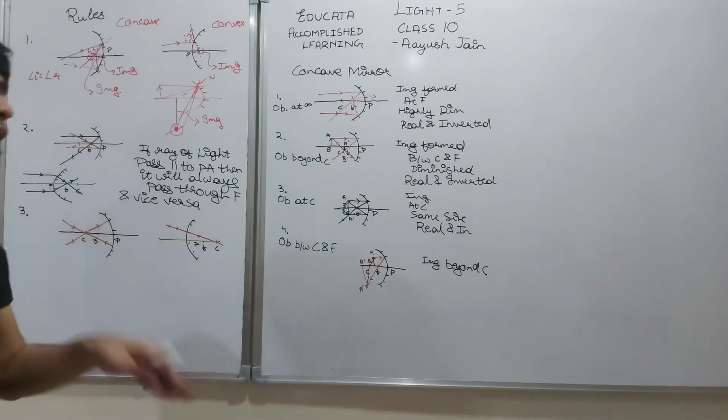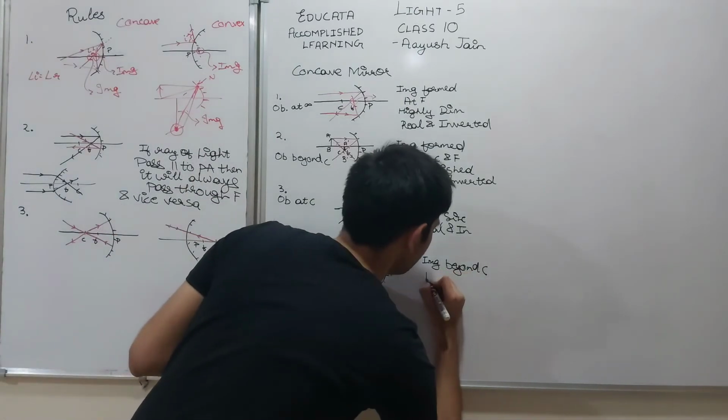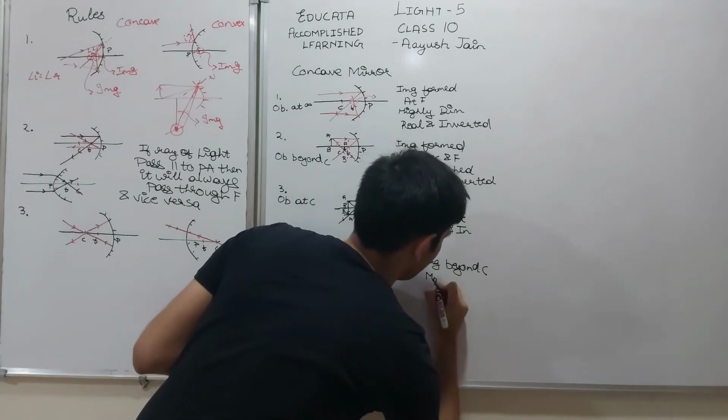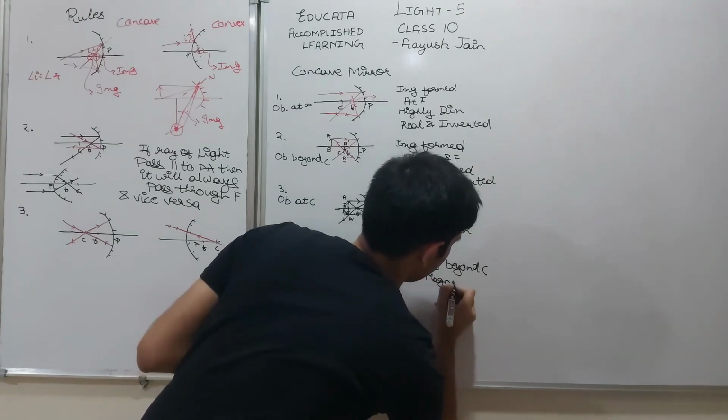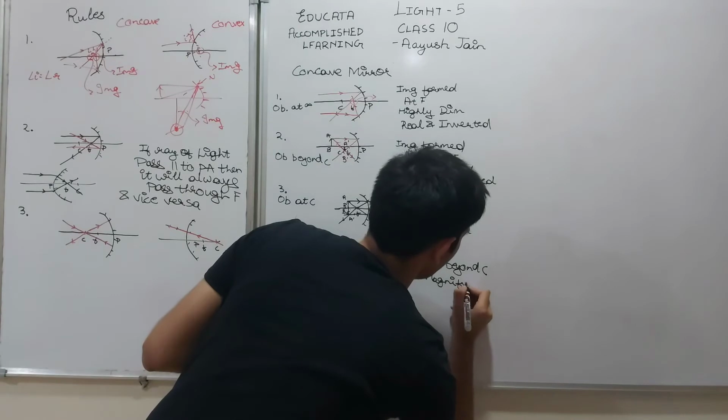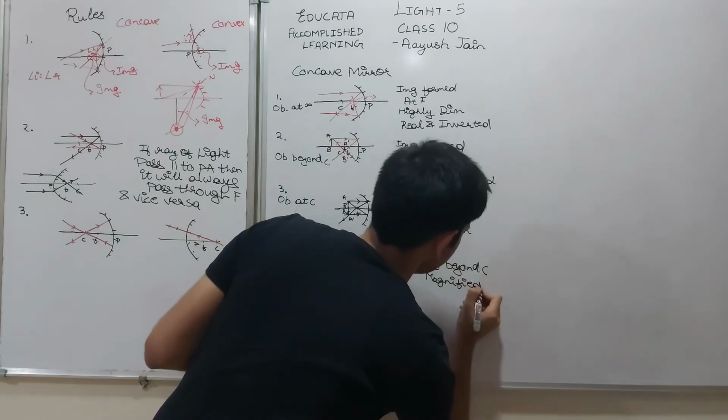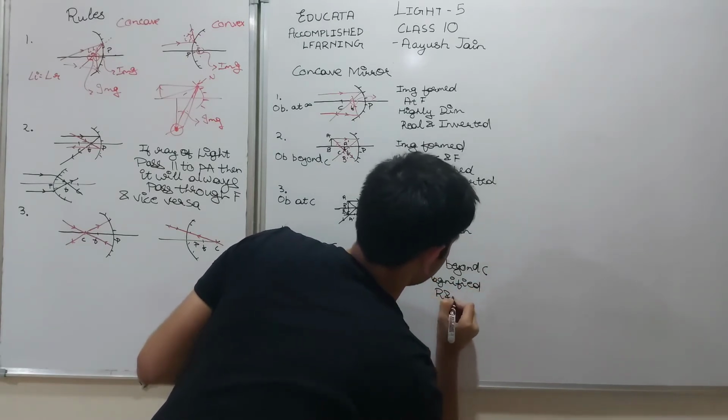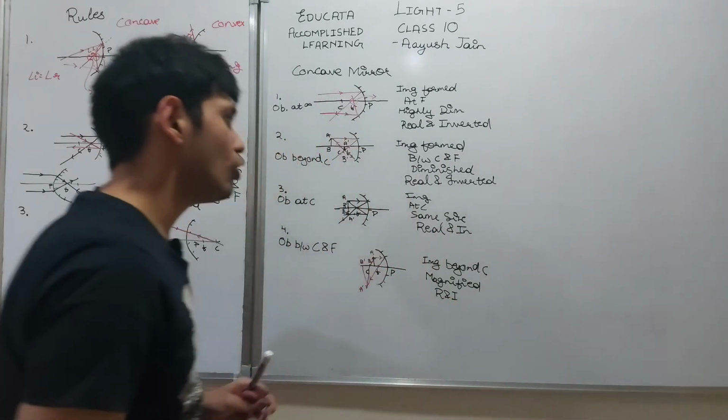No. Diminished? No. Magnified? Yes. In this case, we are getting a magnified image. The image formed is a magnified image, and it is also a real and inverted image.